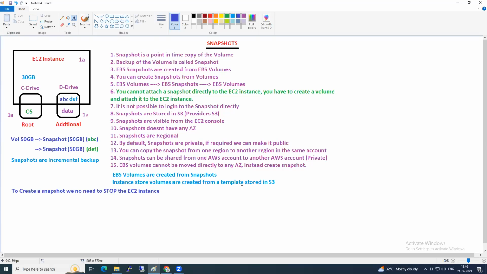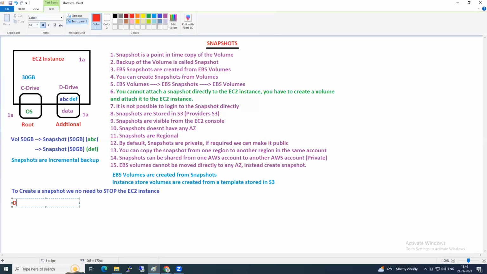So what is that feature? That is called Data Lifecycle Manager. What is it used for? It is used to take the snapshots automatically.